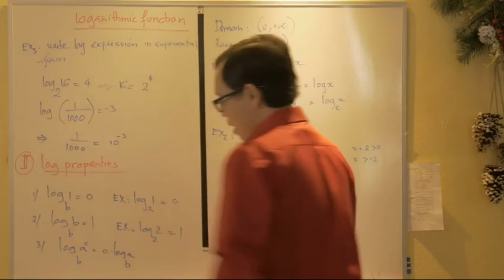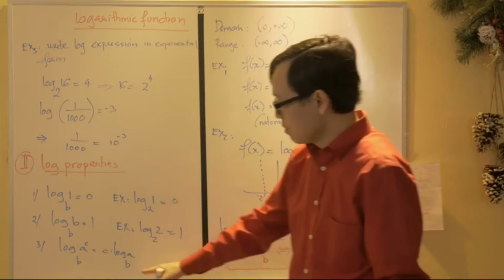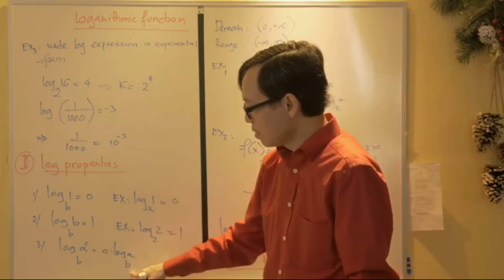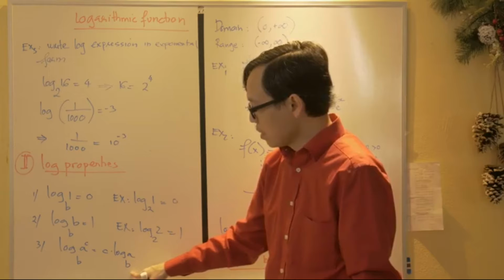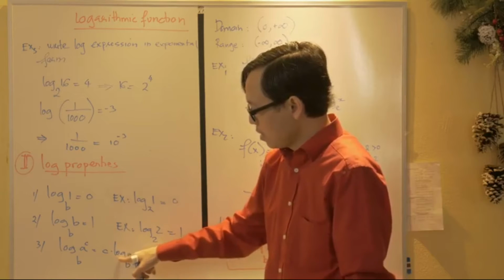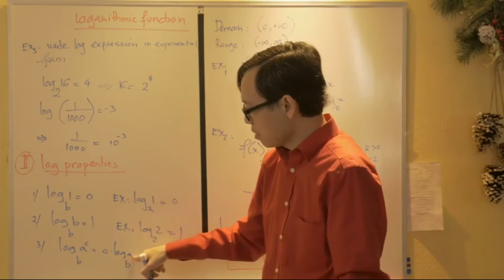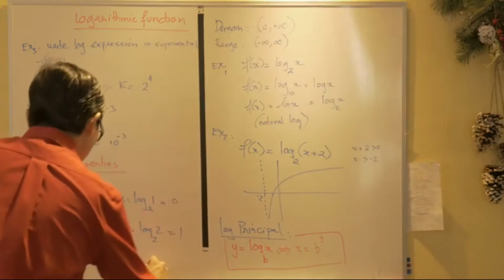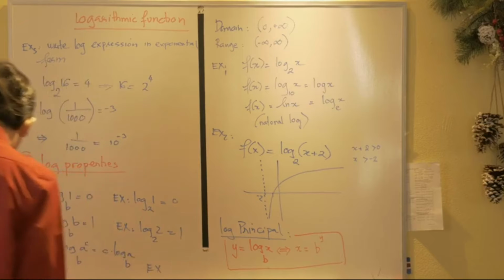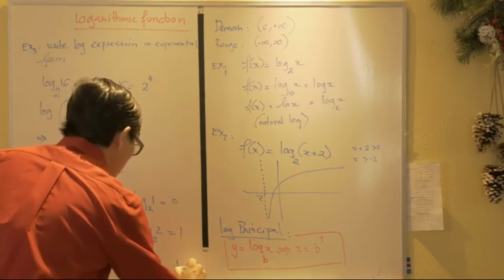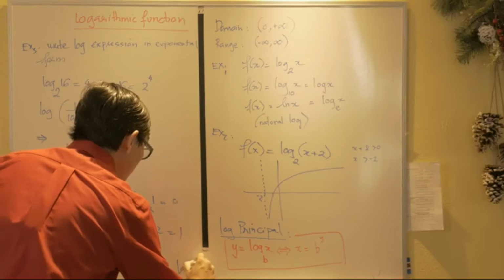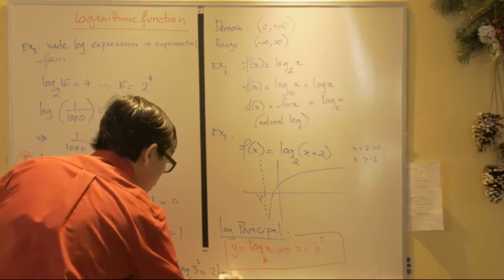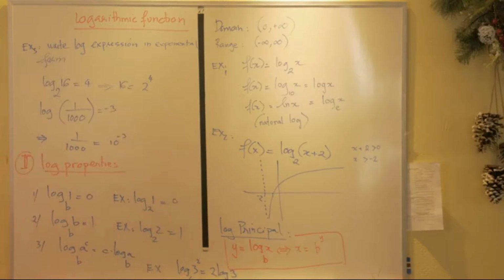You see the base is a subscript, so I lower it. For example, log base 4 of 3 squared is the same as 2 times log base 4 of 3.